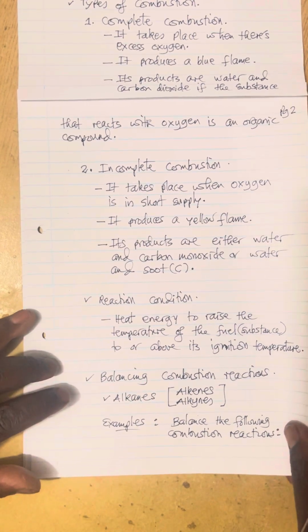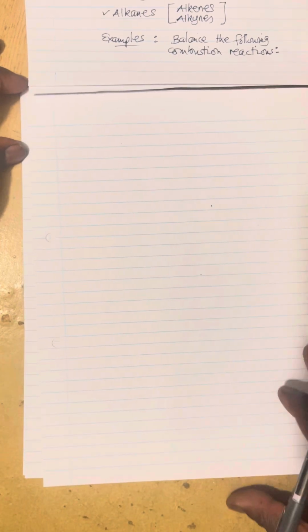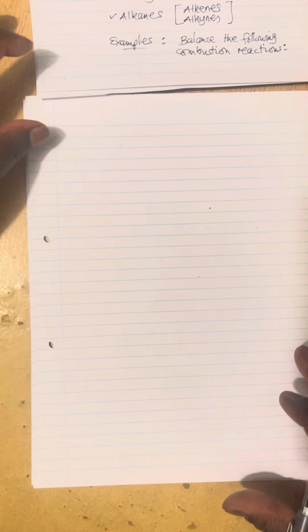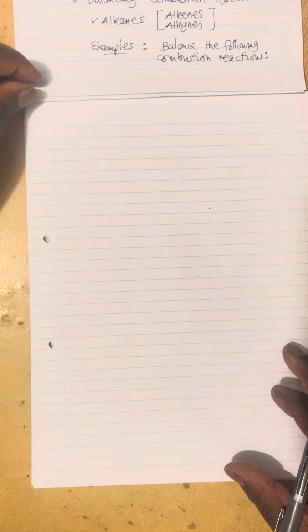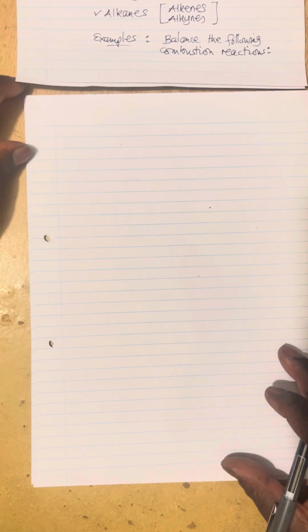So my example one is going to focus on 1 and 2. We'll focus on alkanes, like I said, and the explanation I'm going to provide for balancing the combustion of alkanes, you use the same explanation for balancing the combustion of alkenes and alkynes.